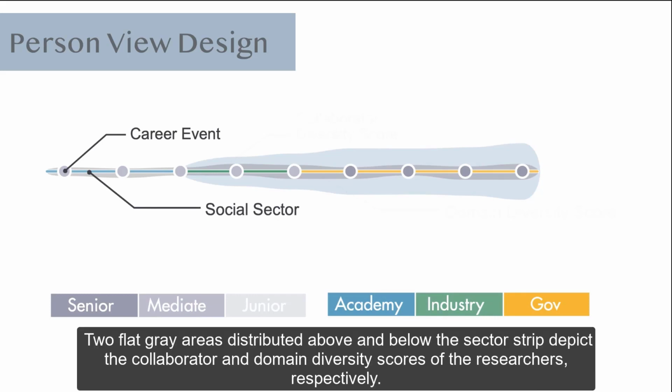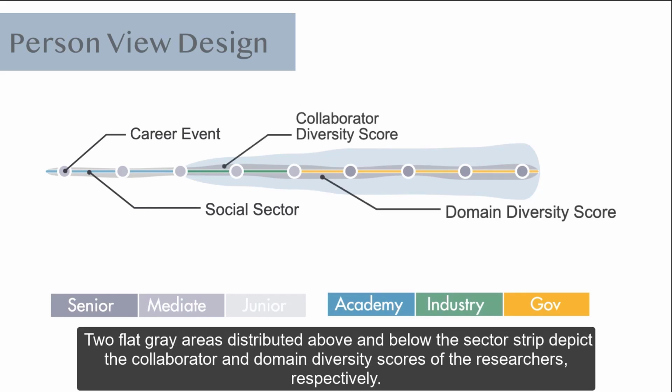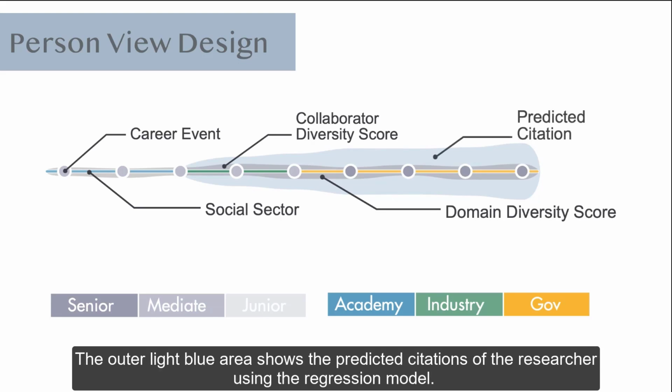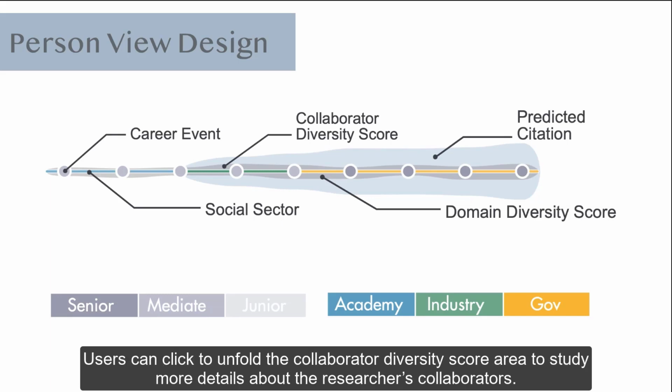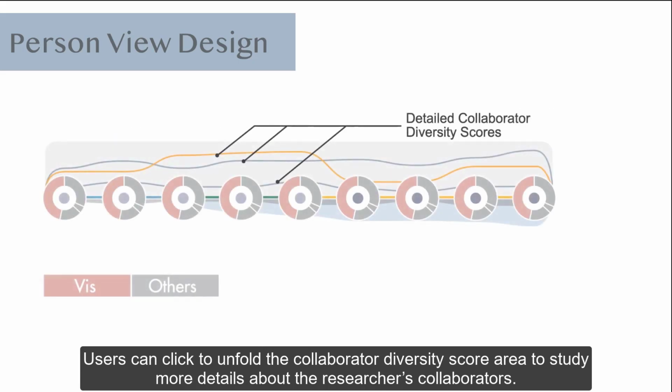2 flat gray areas distributed above and below the sector strip depict the collaborator and domain diversity scores of the researchers, respectively. The outer light blue area shows the predicted citations of the researchers using the regression model. Users can click to unfold the collaborator diversity score area to study more details about the researchers' collaborators.